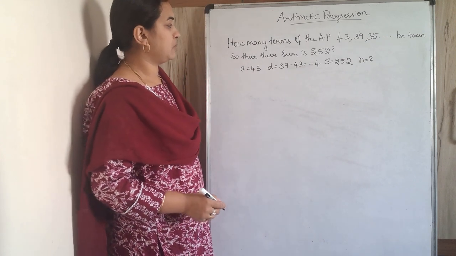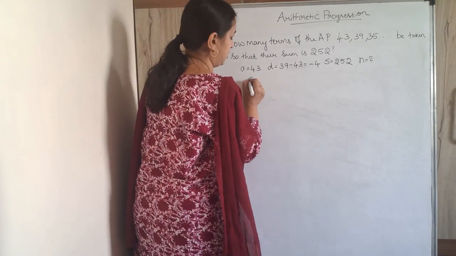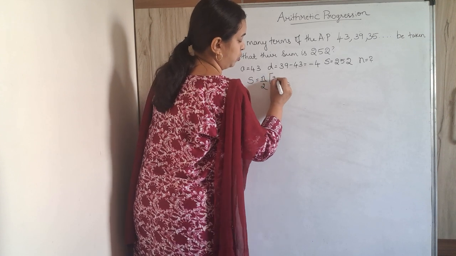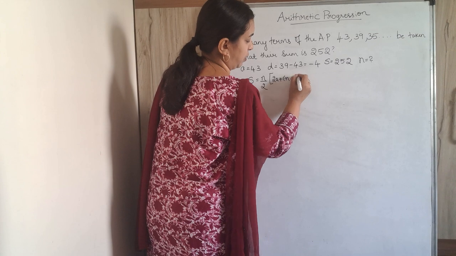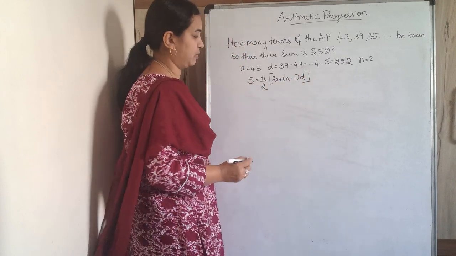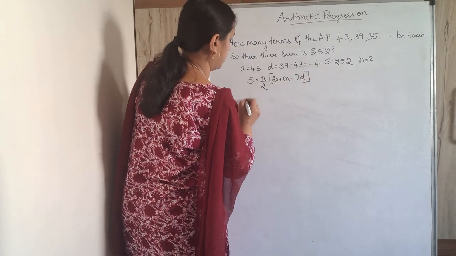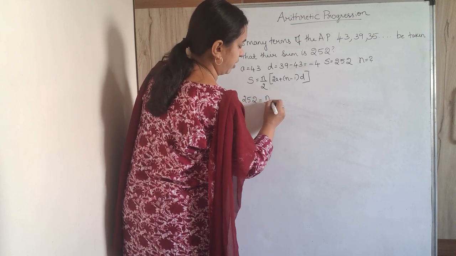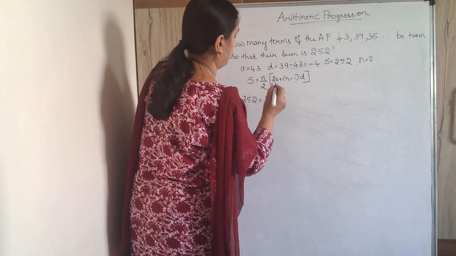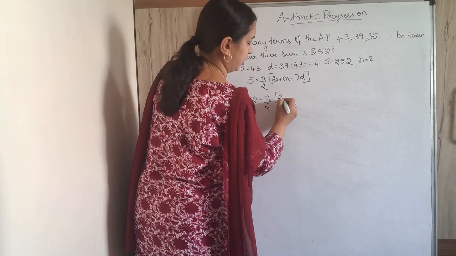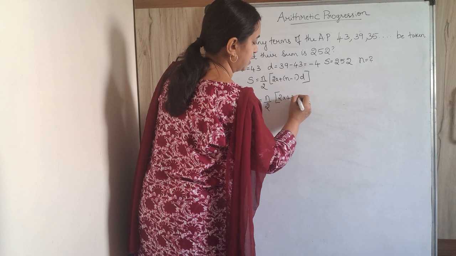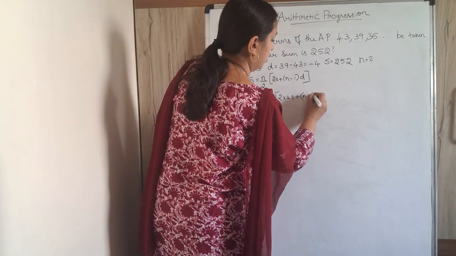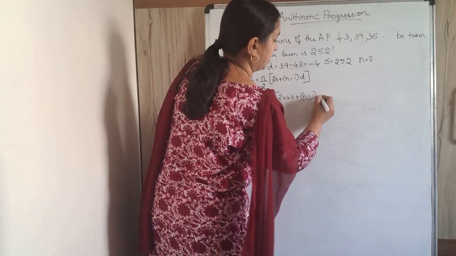Okay, so we'll use the formula S is equal to N by 2 times 2A plus N minus 1 into D. Okay, they have given the value of S, which is equal to 252. You need to find out the value of N here, and 2 into 43 plus your N value is to be found out, and your D is minus 4.